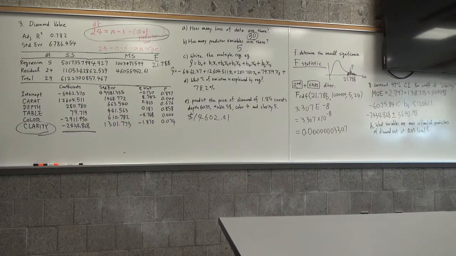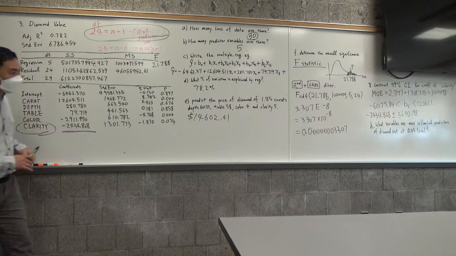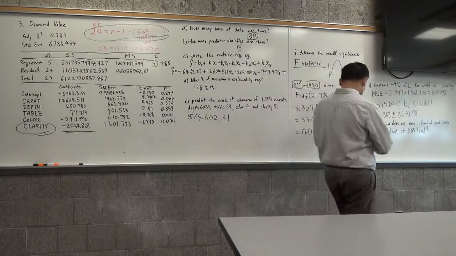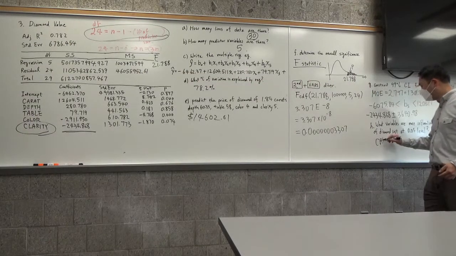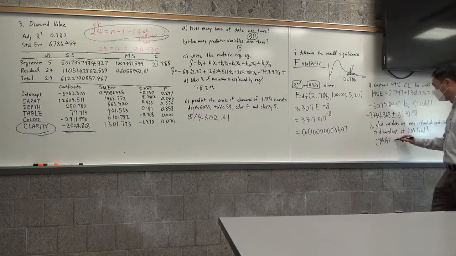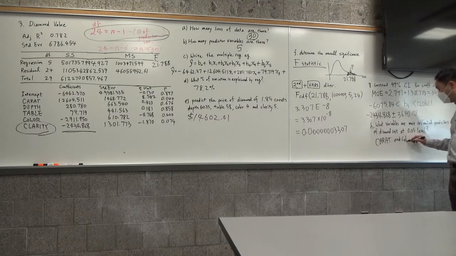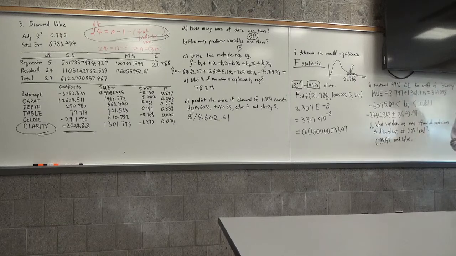Okay. So right now, the answer is carat and color. So in other words, when you're given these questions, what threw me off is this word most. Usually if you say most, then it's singular, right? You look for just one thing that's the greatest, right?